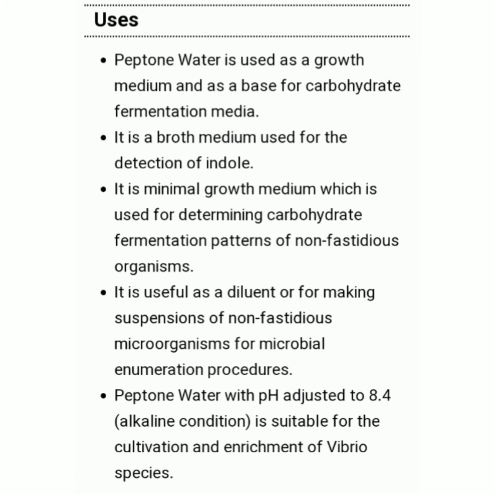Another point is that it is a minimal growth medium, used for determining carbohydrate fermentation patterns of non-fastidious organisms. And here is another point you should learn: the peptone water has a pH of about 7 to 8.5. So it is a suitable medium for the cultivation of Vibrio species, right?